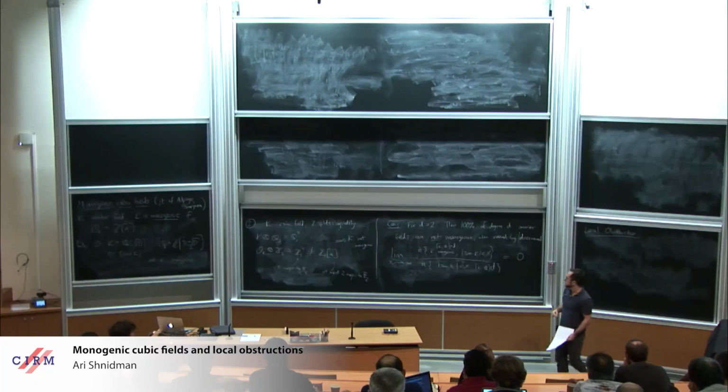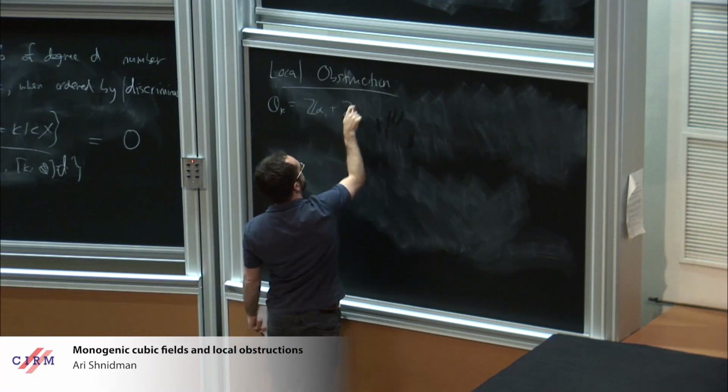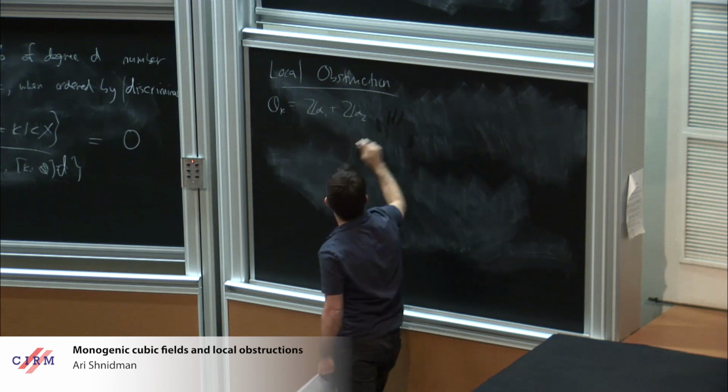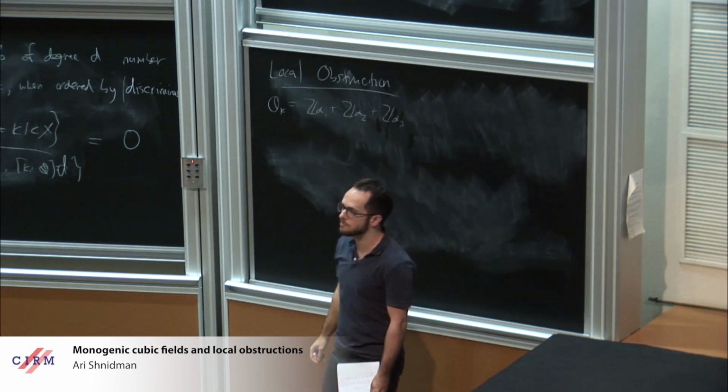So I want to define the notion of the discriminant of an element. Well, maybe I should remind what the discriminant of the ring of integers is to begin with. So I write down a basis of my ring of integers.